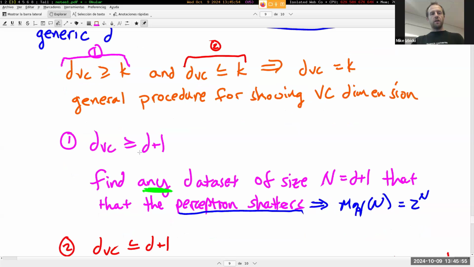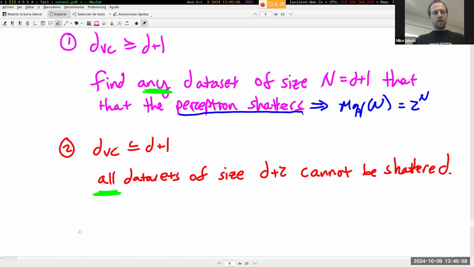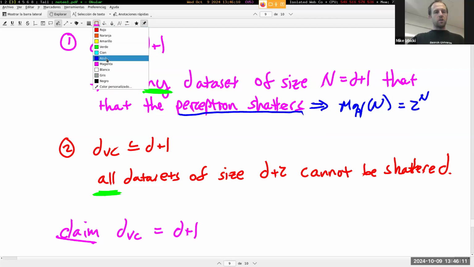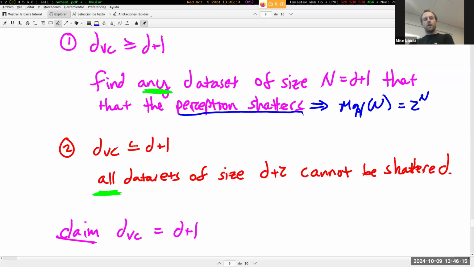My overall claim, what I've tried to prove here, is that the VC dimension dVC is exactly equal to d+1, and this is a true statement. In order to show that the dVC is less than or equal to d+1, I have to find a breakpoint of our hypothesis class that is bigger than this.